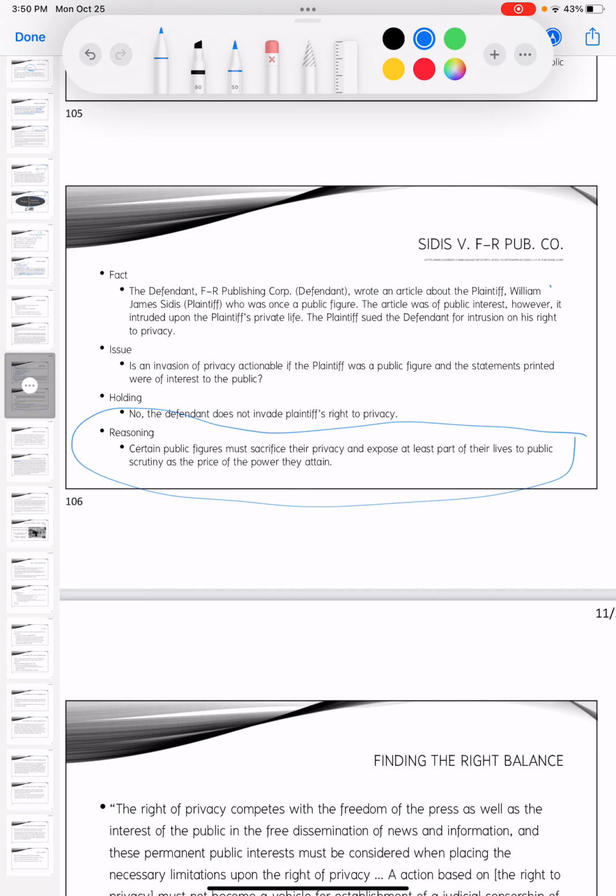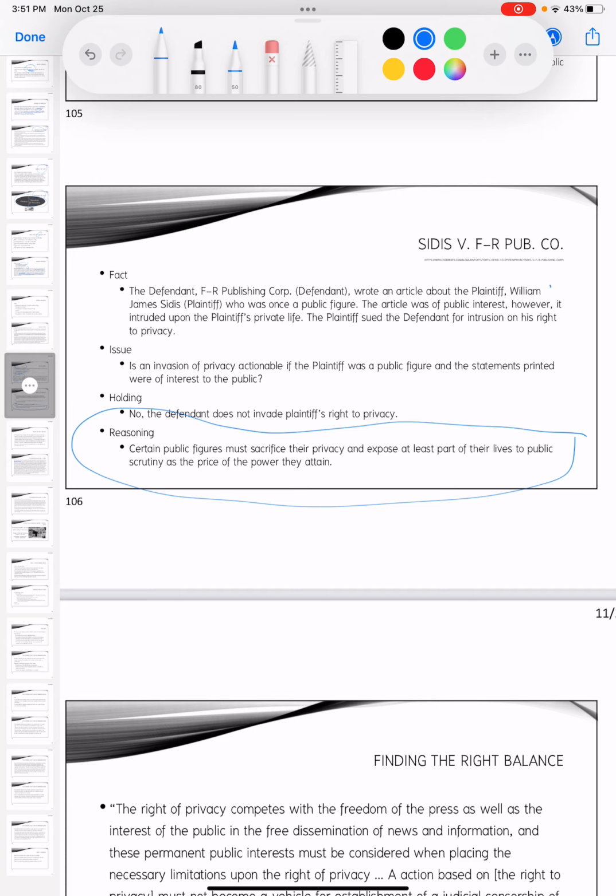The court says certain public figures must sacrifice privacy and expose at least parts of their lives to public scrutiny as the price of the power they attain. So the lesson that we learn from this case is not the result of the case, but the reasoning, right?